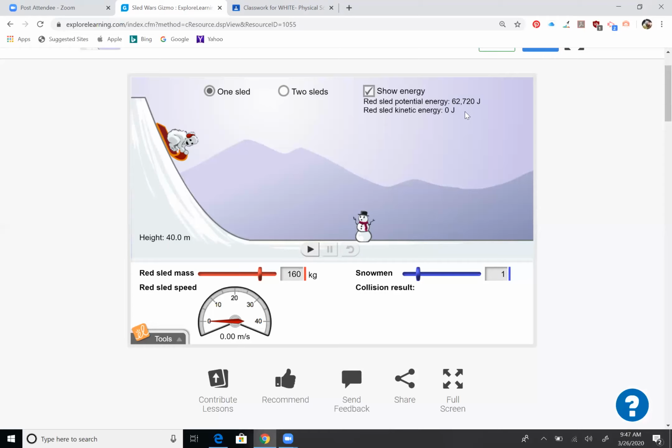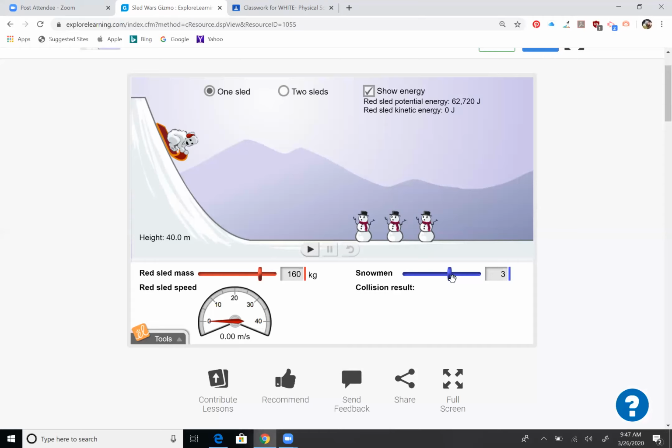It destroyed one pretty easily before. Give me a guess, and we'll add the snowmen there. 3. Okay, so I'll add. Let's write down 3 for B. For the explain your answer, we'll just say the potential energy increased.